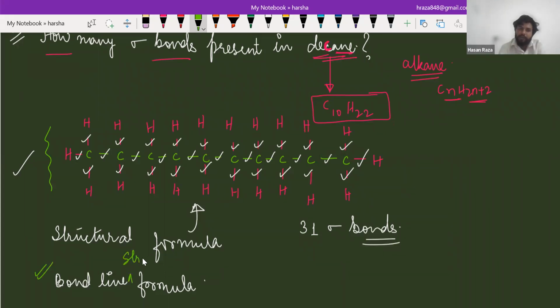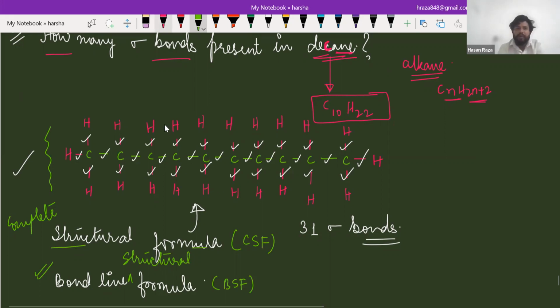This is the bond line structural formula, and this is the complete structural formula, CSF. This is BSF, and BSF is very easy to understand. I'm going to write a point which you need to take care of.